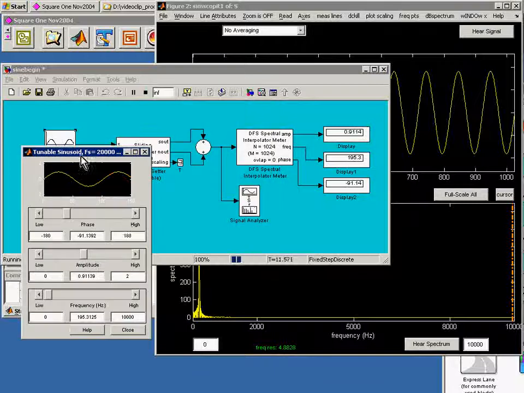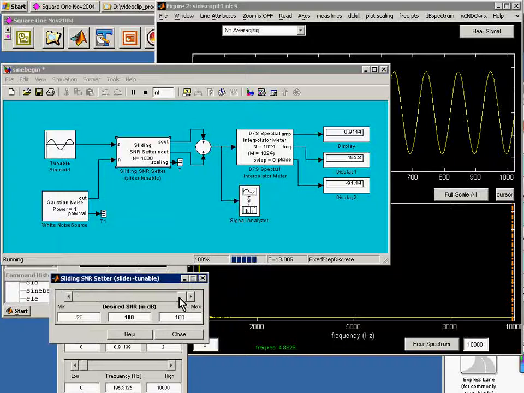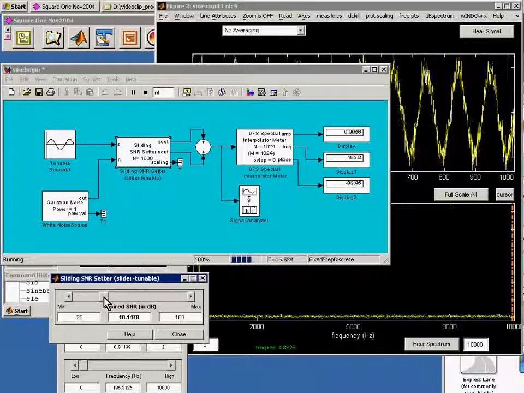What happens when I go back to noisy? Well, let's crank it down here and see now. Those are very, very stable results so far. But of course, noise starts disturbing this thing when I get down here about 10 dB or so.